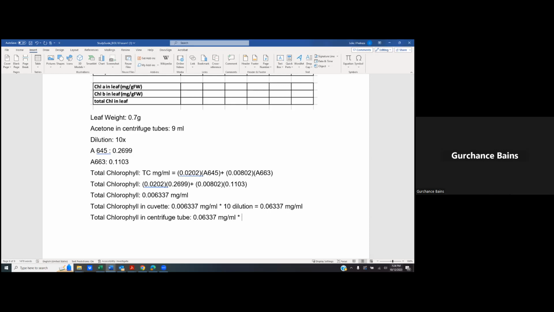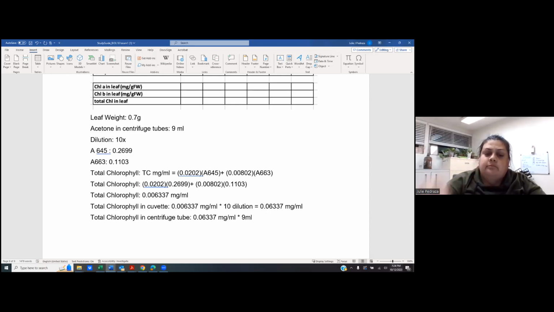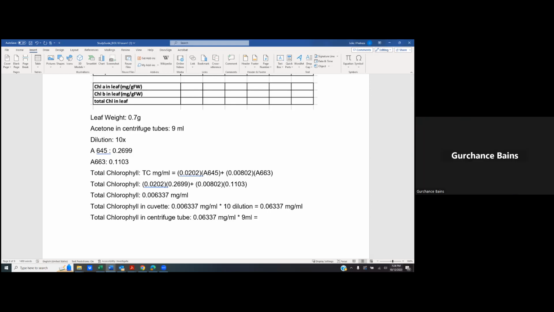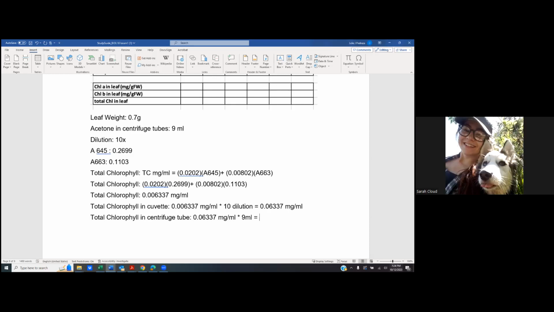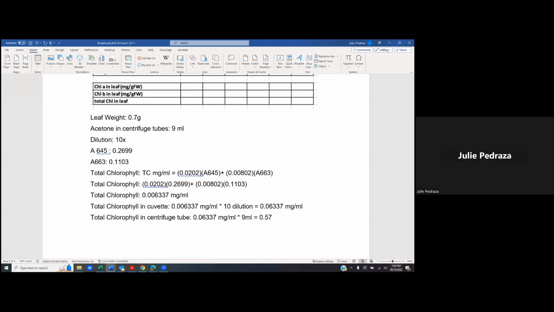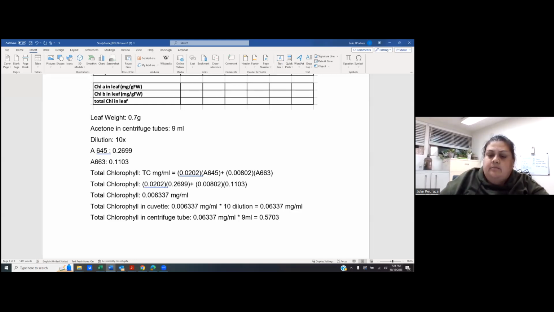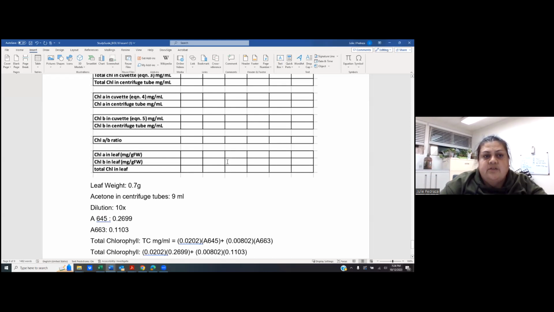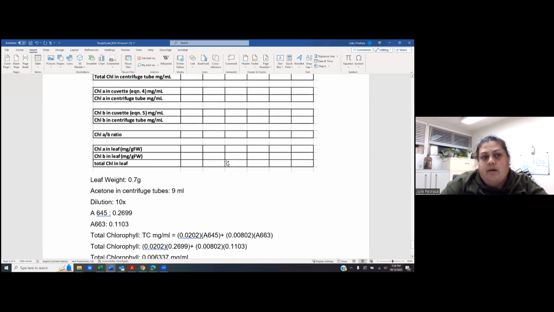The 9 milliliters, basically the volume of the centrifuge tube. Yep. Which equals? 0.5703. Okay. Now, it tells you stop right there. We don't need to do any more.